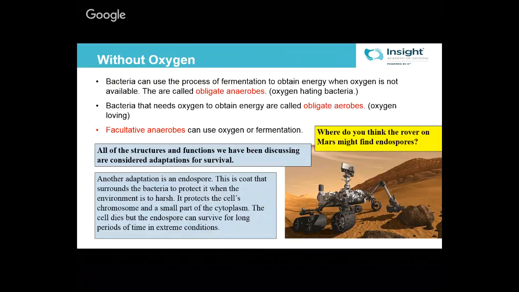So the Mars rover is moving around on the planet looking at different samples, trying to see if there's a possibility that life existed on Mars. And we might even uncover an endospore or something like it. So that's one thing that the rover is doing. We have not found any remnants of life, so no fossil record of life on Mars yet, but we do know that the elements that life requires exist on Mars, but the conditions are very extreme.